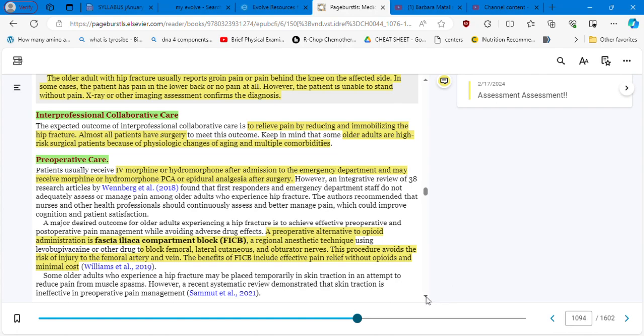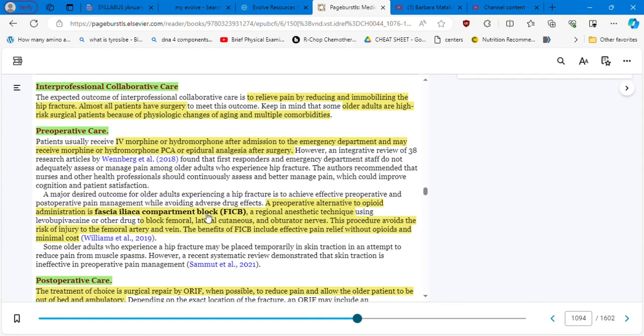Look at the number of nerves. Femoral, this is an artery, lateral cutaneous, and obturator nerves. So you have the artery and the nerves. This procedure avoids the risk of injury to the femoral artery and vein. The benefits of the fascia iliaca compartment block include effective pain relief without opioids and minimal cost.